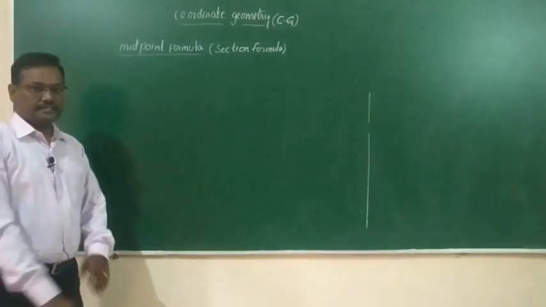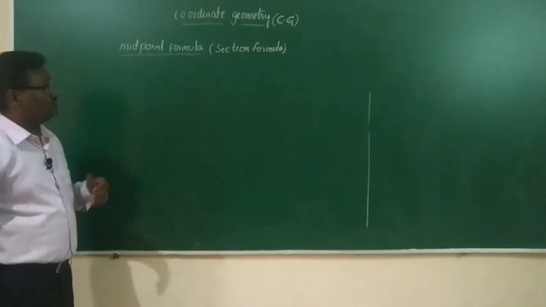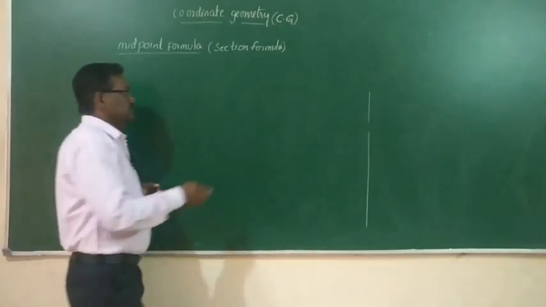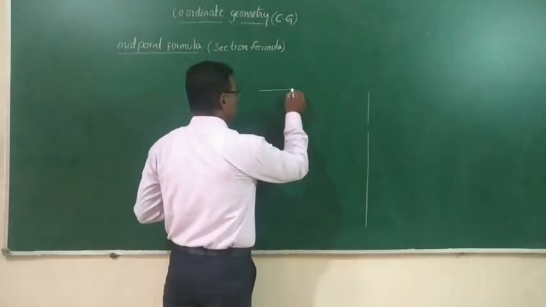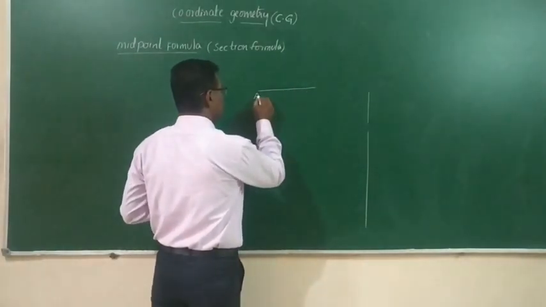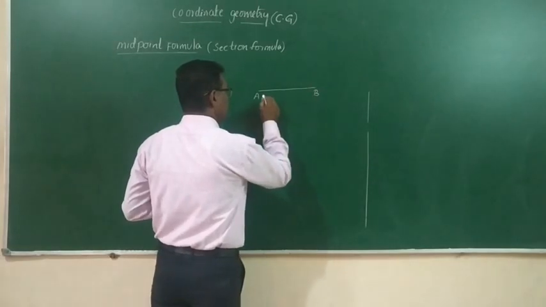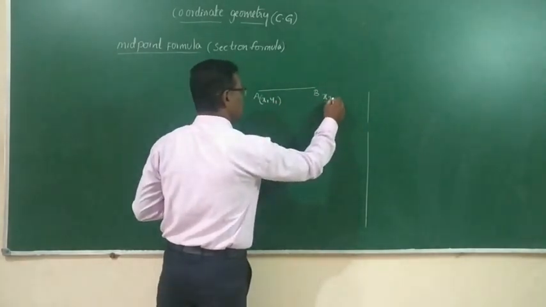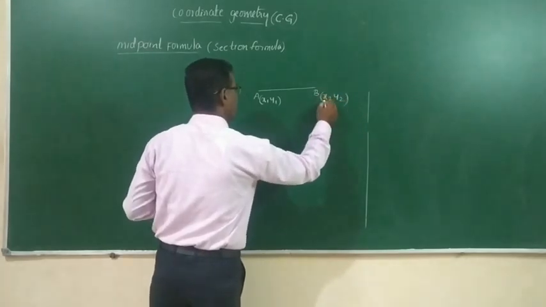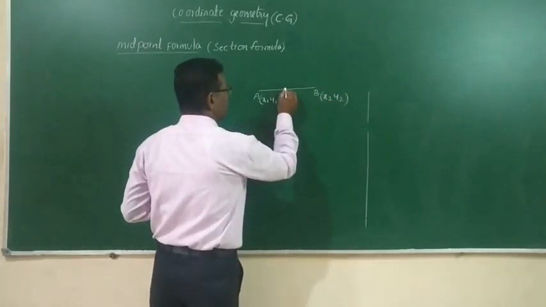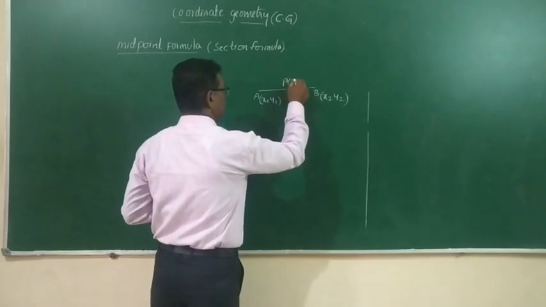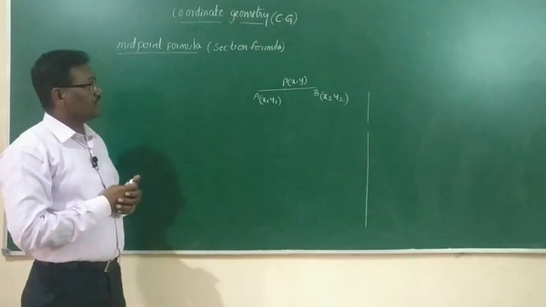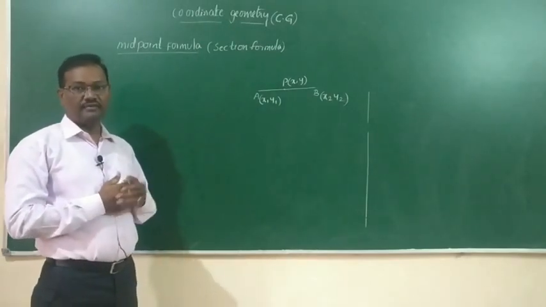Yes, by using the section formula, we find the midpoint formula. There is a line segment AB, with A(x1, y1) and B(x2, y2). If I take a point P of x comma y, where P is called the section point or dividing point.